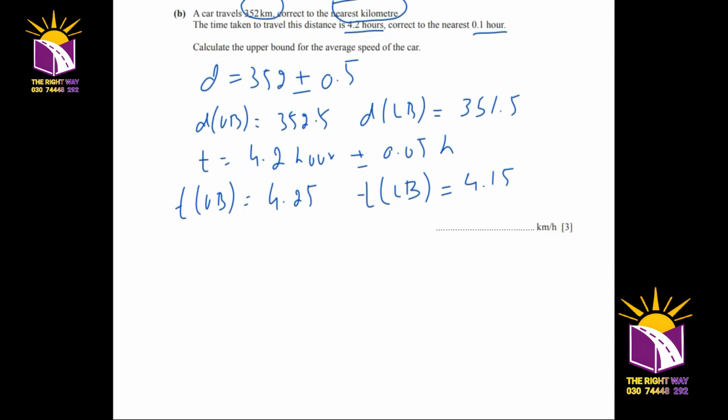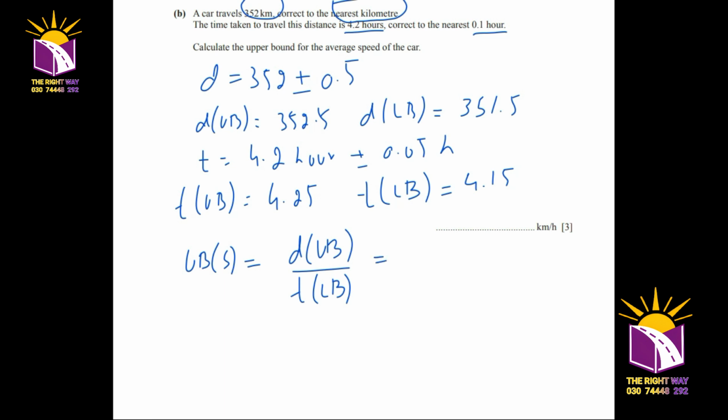Now we have to find the upper bound of speed. As we know, speed is equal to distance by time. So distance will be the upper bound and time will be the lower bound. When we are finding the upper bound in dividing, we use the upper bound for the numerator and the lower bound for the denominator.